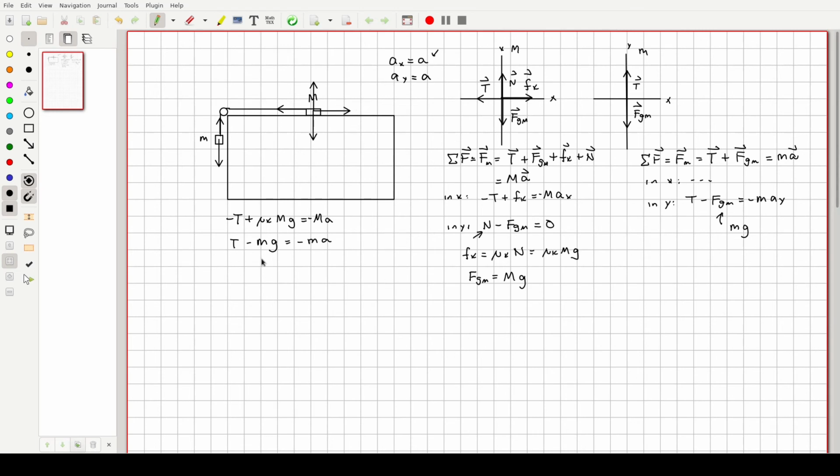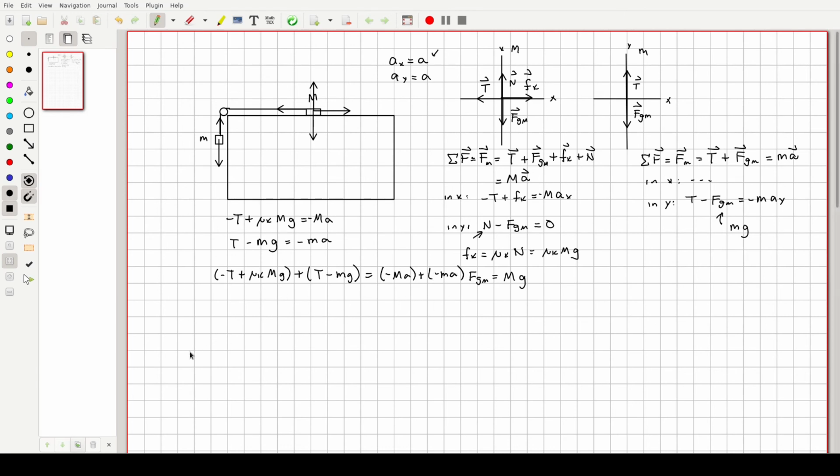Okay, so all I'm going to do is just add the equations together. So I'm going to add this to this, and I'm going to add this to this. And when you do that, you get the following. Minus T plus mu sub k times big M times g plus T minus little m g. Well, that's going to be the same thing as minus big M times a plus minus little m times a.